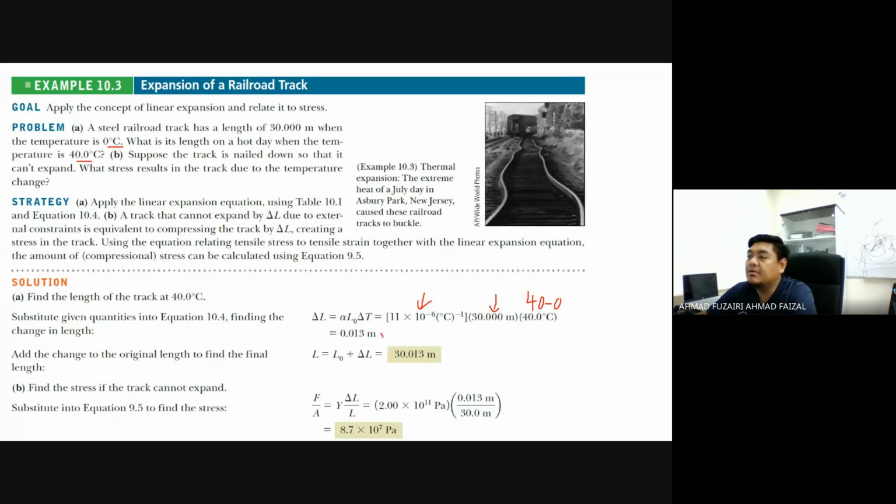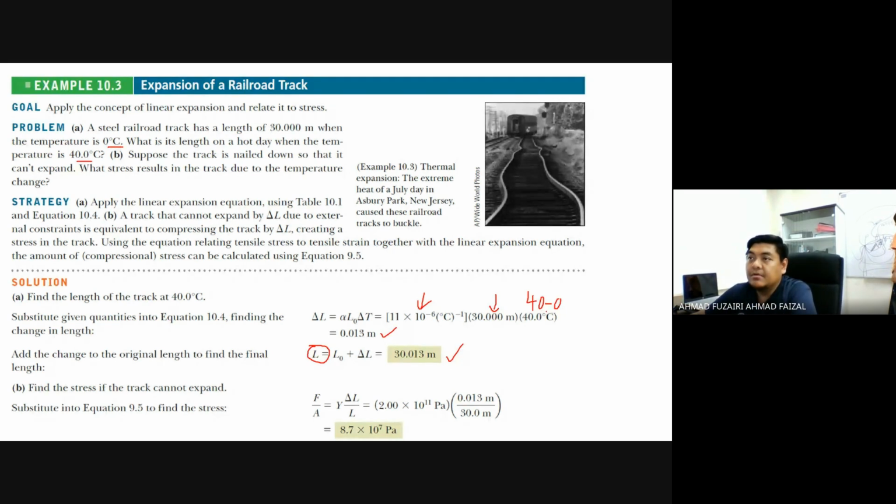So you will get 0.0313 for delta L, the change in L, and then you add the original length of 30, so the final length is 30.013. This is what happens when you apply heat to solids or liquids.